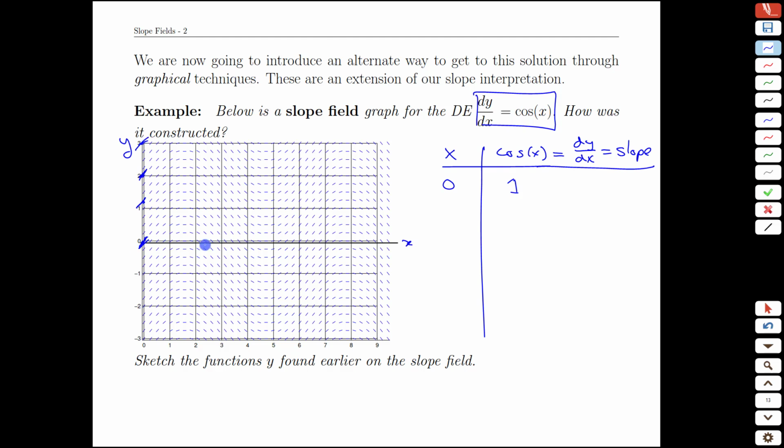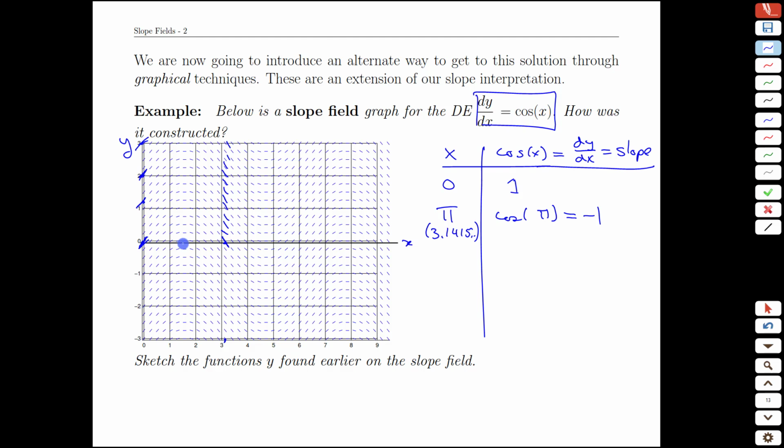If we scan across a bit further, let's go out to 3.1415, etc., or pi, as most people would call it. When we evaluate the cosine there, cosine of pi is negative 1. That corresponds to a slope of negative 1 that we would draw at all those locations.